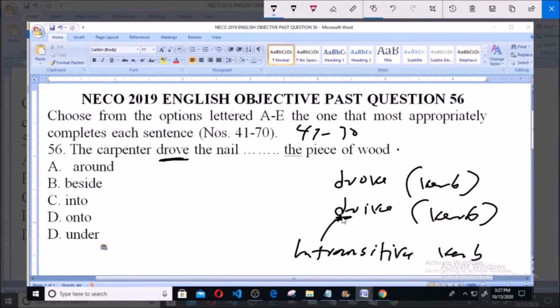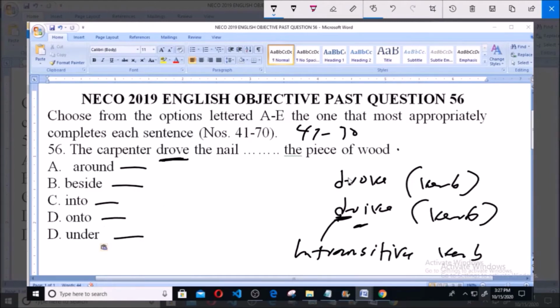An intransitive verb is a verb that fails to transfer its action to an object. So if I say the carpenter drove the nail dash the piece of wood, the function of this verb is not to affect any object. Option A, around; B, beside; C, into; D, onto; E, under.